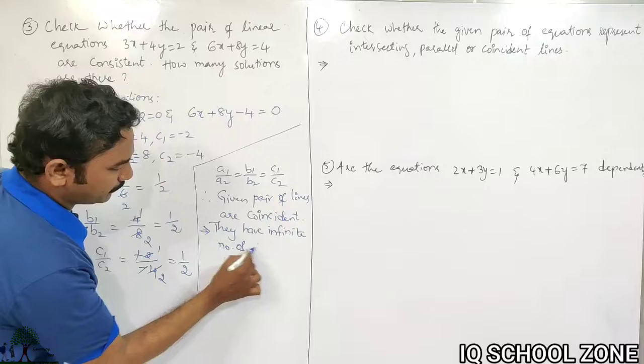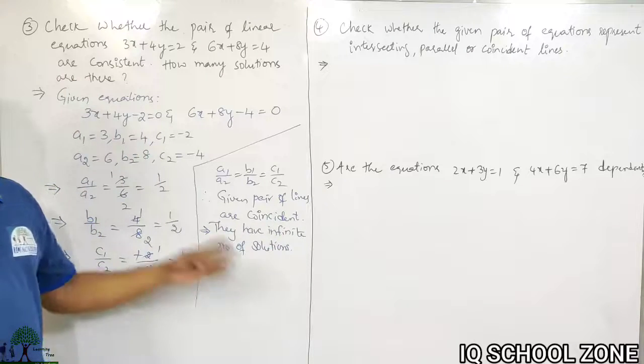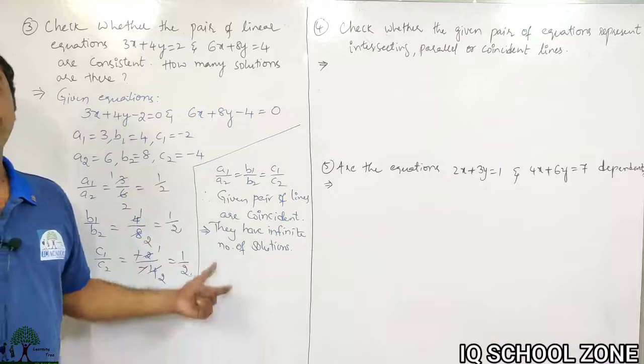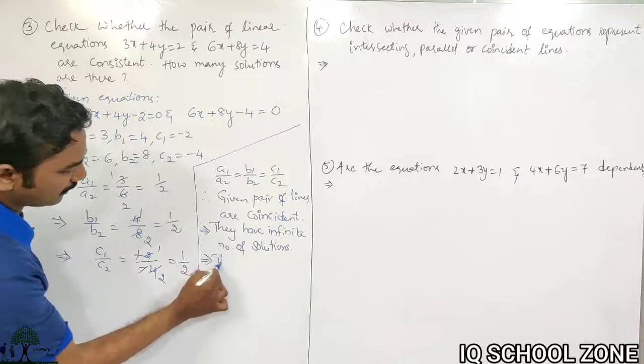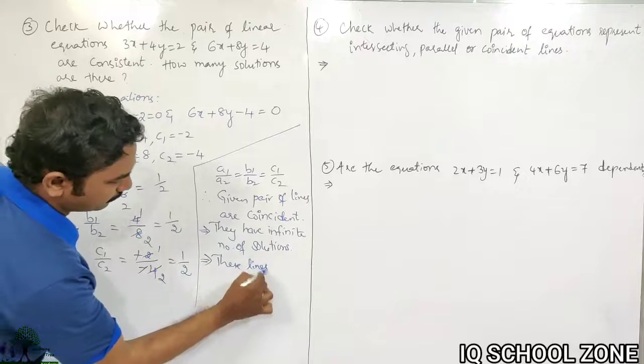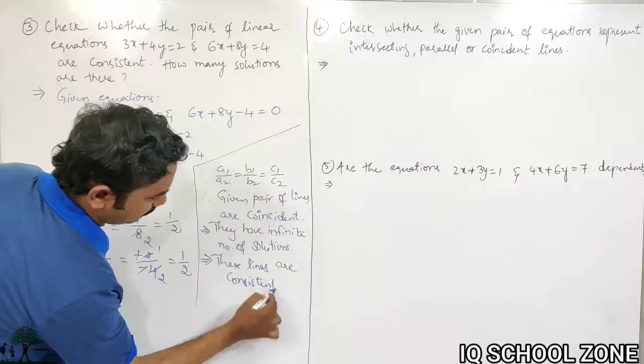number of solutions. If there is a solution, one solution or an infinite number of solutions, they are called consistent. So that implies these lines are consistent.